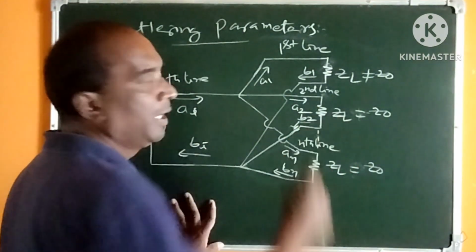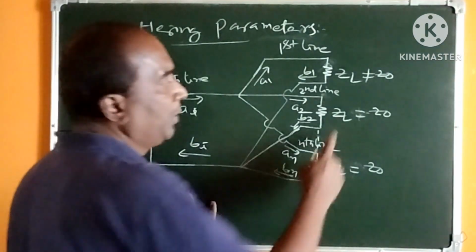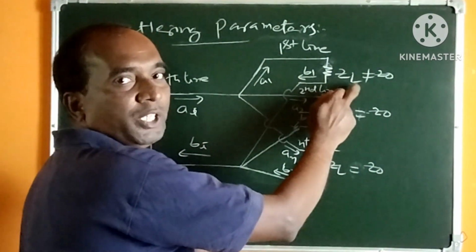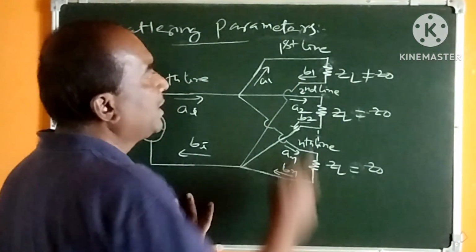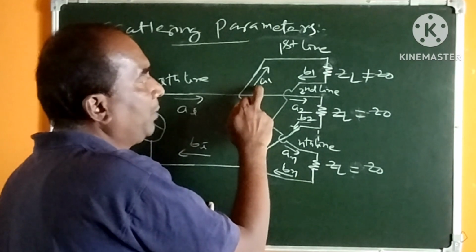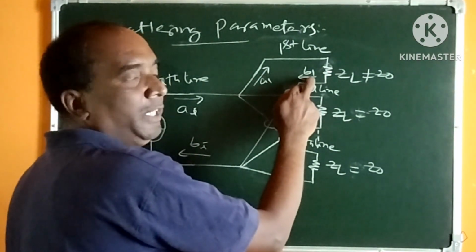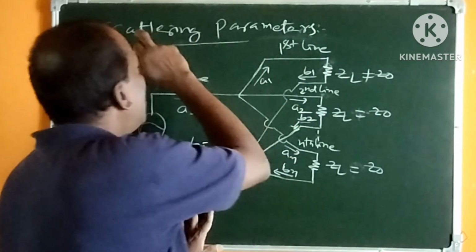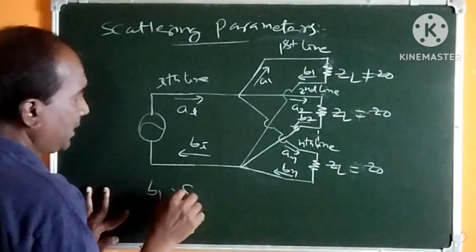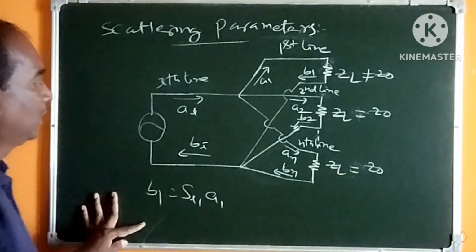Because there is a perfect matching between the load impedance and characteristic impedance. Where the first line is not terminated properly, hence there is a reflected wave. If A1 is the input and B1 is the output, this B1 can be interrelated with the input by using the scattering parameter as B1 equal to S11 into A1.